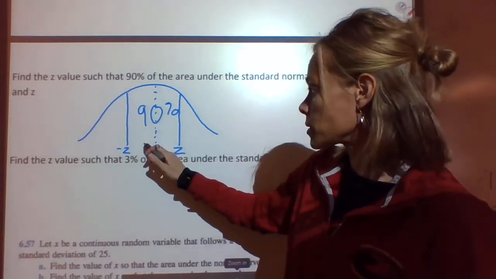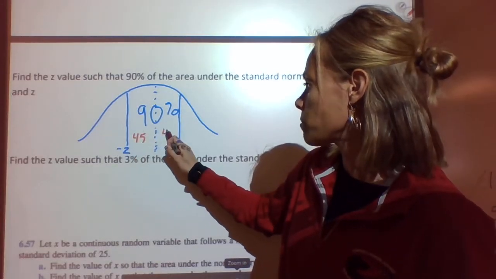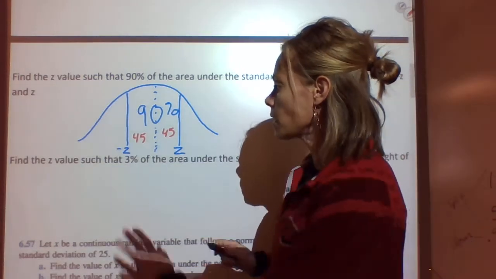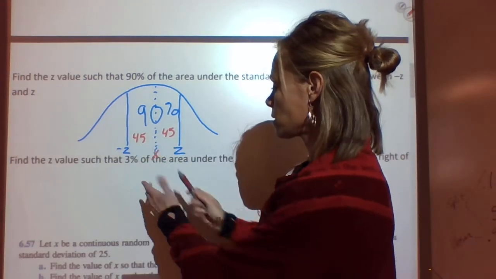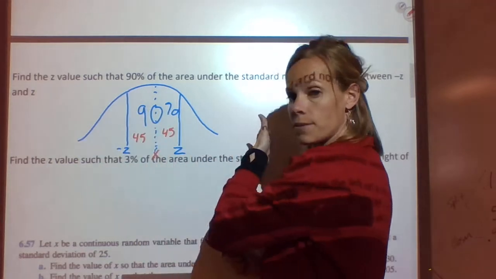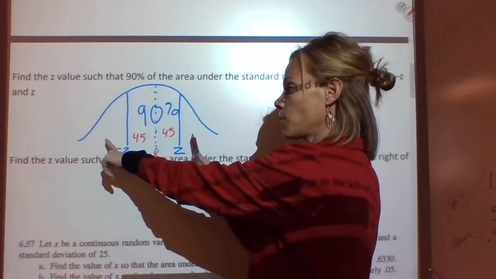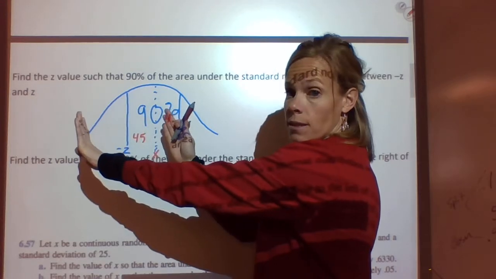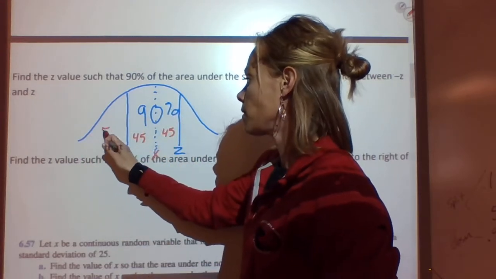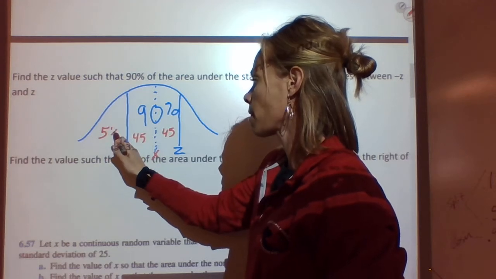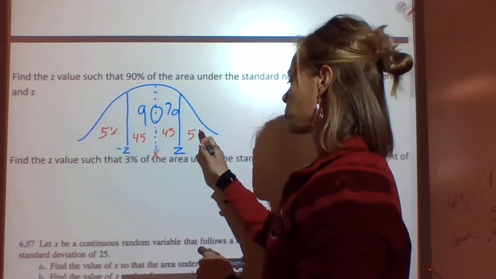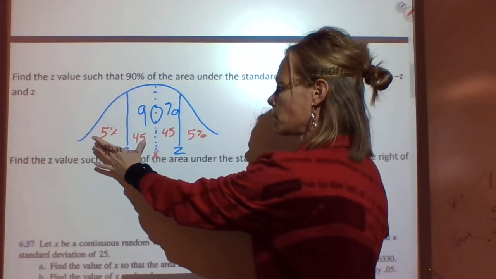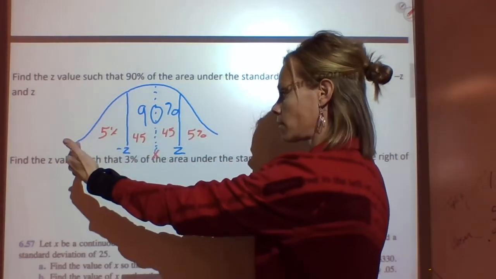It's 45%. Yep, because I know 45 plus 45 equals 90. Okay, now, if I know the mean here is 50-50, then I'll know these percents, right? Because I know this half is 50. So this must be 5%, and this must be 5%, because 45 plus 5 is 50%. That gives me 50, that gives me 50, gives me 100.